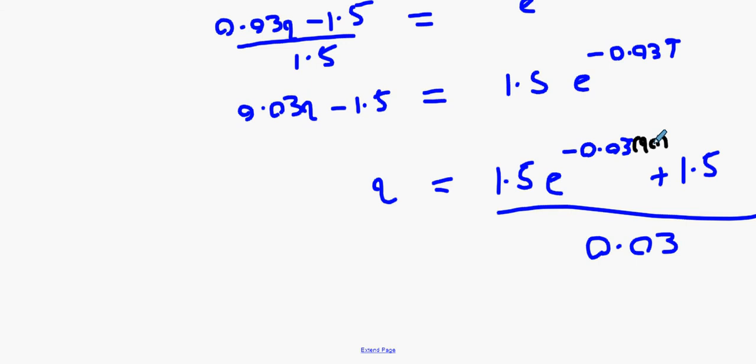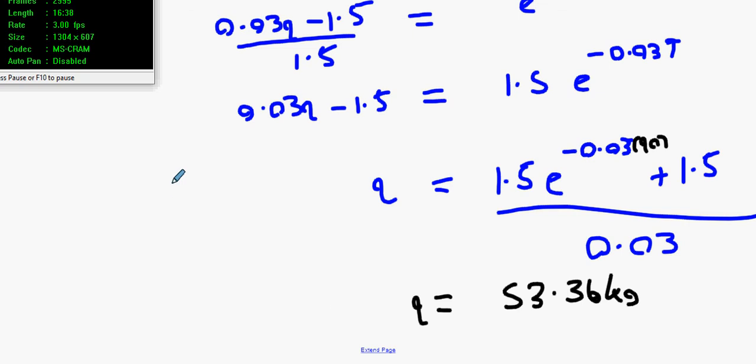E to the minus 0.03 times 90. You should put this into your calculator now and see how it goes. And it is 53.36.